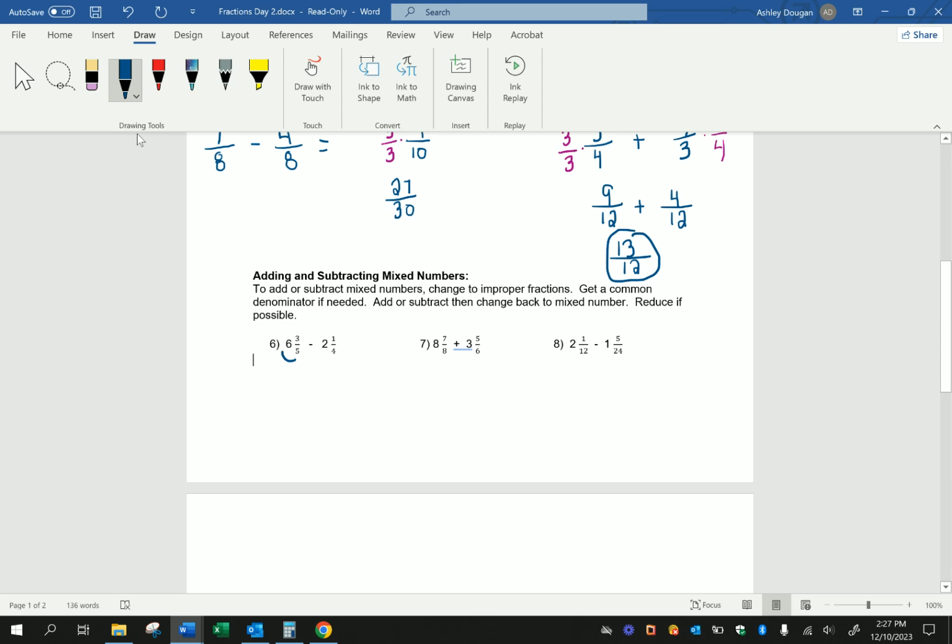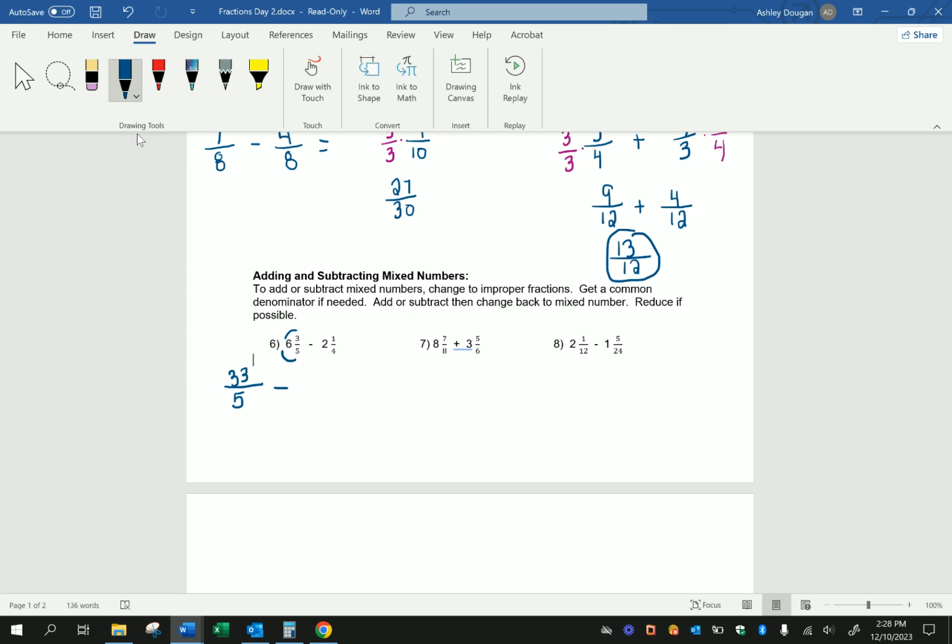So I would multiply 6 times 5 is 30, and then we add the 3 to get 33. And then we keep the bottom number the same. And we looked at this a little more closely in the previous video, so if you wanted to go back and look at those, that might be helpful.